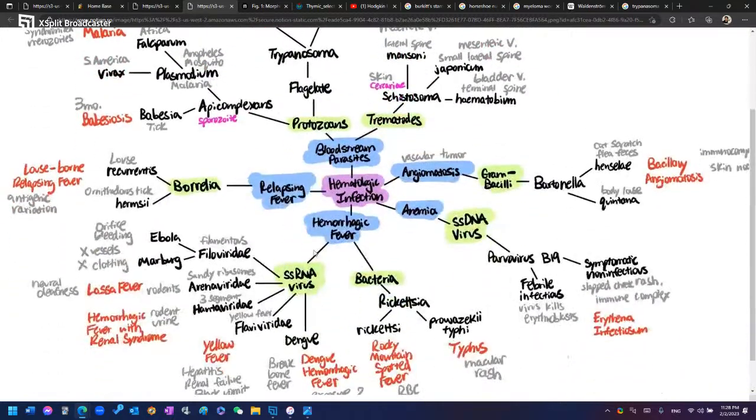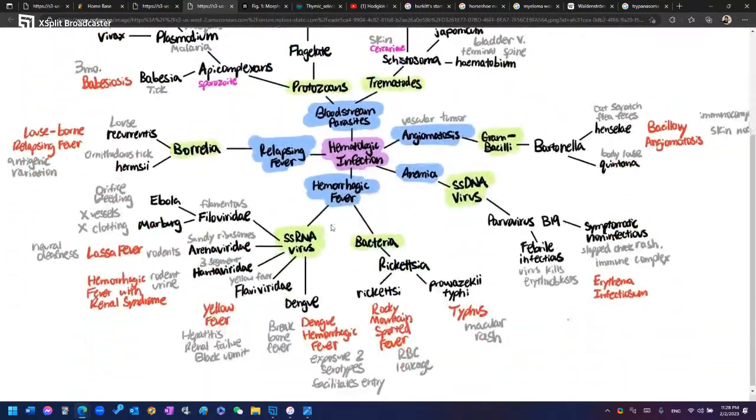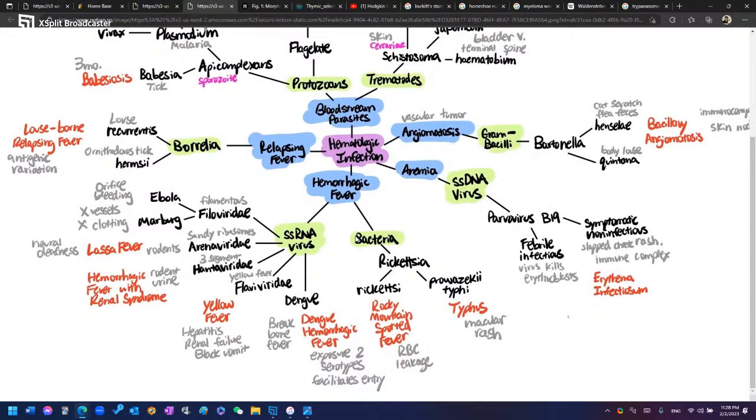Of course, when we talk about hemorrhagic fever, we talk about severe ones, we're talking about bacteria and virus. Because these guys can't seem to live in our blood well. Makes sense, right? I think part of that is because our body is just so used to searching for bacteria and viruses that it just overreacts and goes crazy on these suckers, right? So that's probably why you'll have rashes, red blood cell leakage from rickettsia.